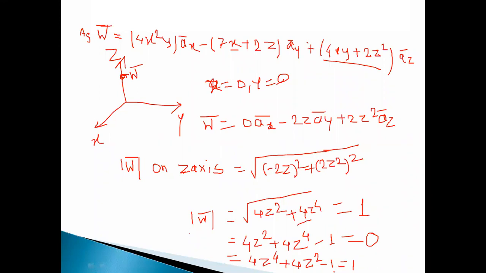Then we have to find this z. This equation is not in terms of z squared and z; it is in terms of z raised to 4 and z squared.